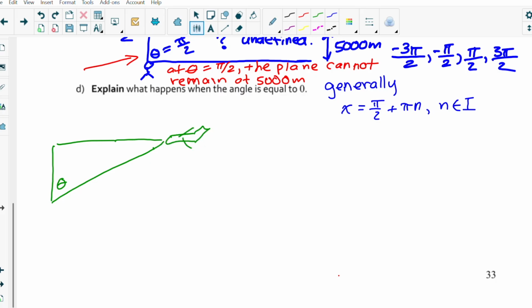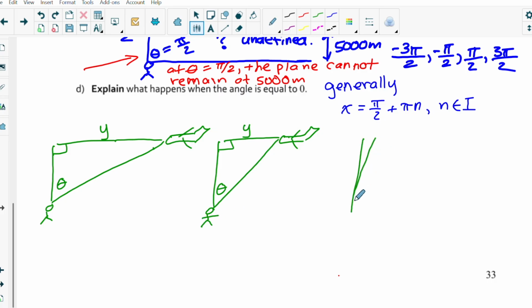Here's my airplane, here's the observer. As theta gets smaller and smaller, this is my y value. Here's my airplane again, here's my y value, here's my observer. And let's make theta a really, really small angle. Here's my plane.